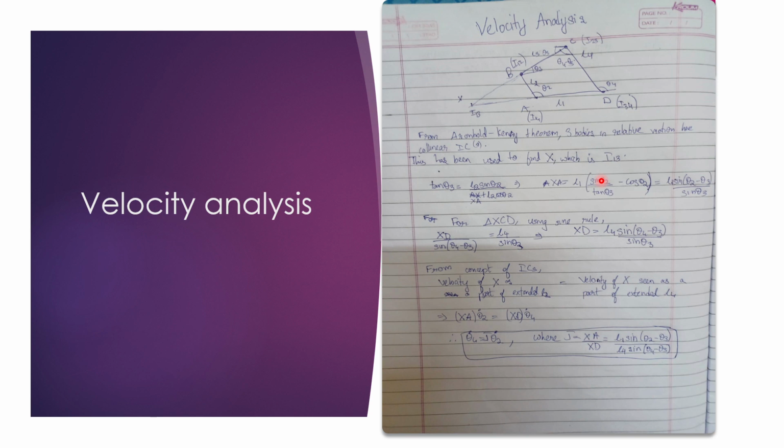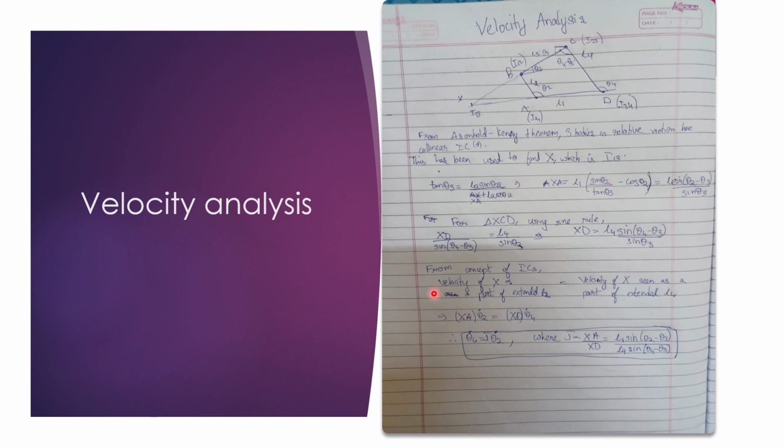Now, why have we found these expressions? Because I13 is an IC, it should have the same velocity with respect to its corresponding links, being AB and CD in this particular case. Thus, the velocity of X with respect to AB will be theta 2 dot into XA, and the velocity of X with respect to CD will be theta 4 dot into XD.